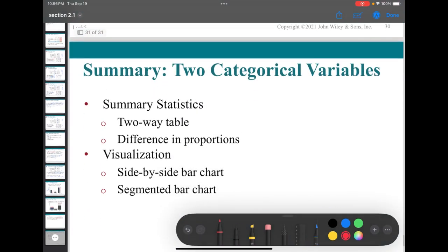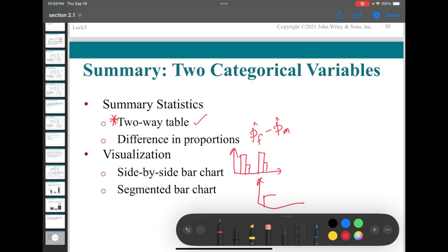Summary of these two categorical variables: we talked about two-way tables, very important. And we considered the difference of proportions. For example, the proportion of females who are in a relationship minus the proportion of males who are in a relationship. Then for visualization purposes, we use a side by side bar chart like this, and we used a segmented bar chart as well.